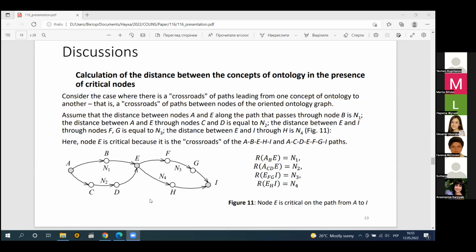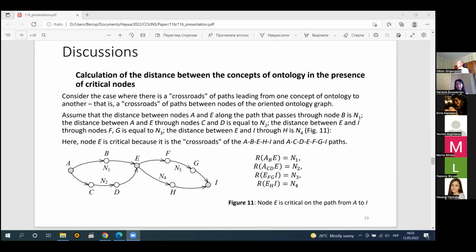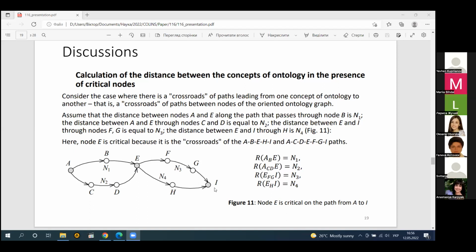Assume the distance between nodes R and E along the path through node B is as explained in figure 1. In this example, node E is the critical node with the crossroads of different paths, this path and that path.